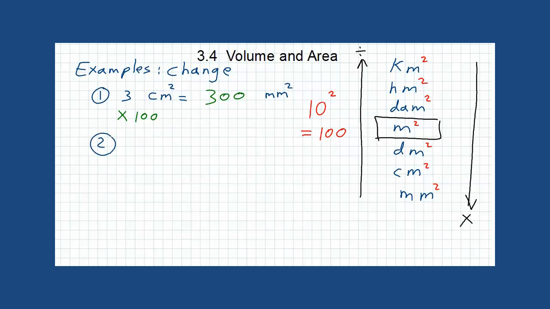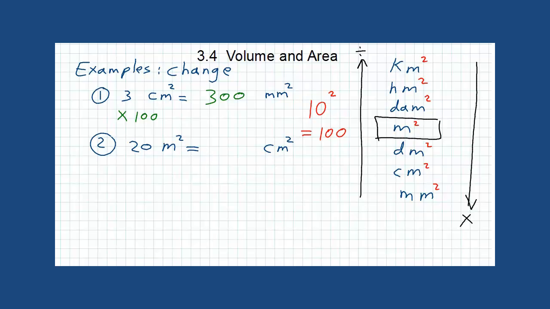Example 2. We have 20 square meters. Change it to square centimeters. Also, we are going down from square meters to square centimeters. But by this we are jumping 2 steps.